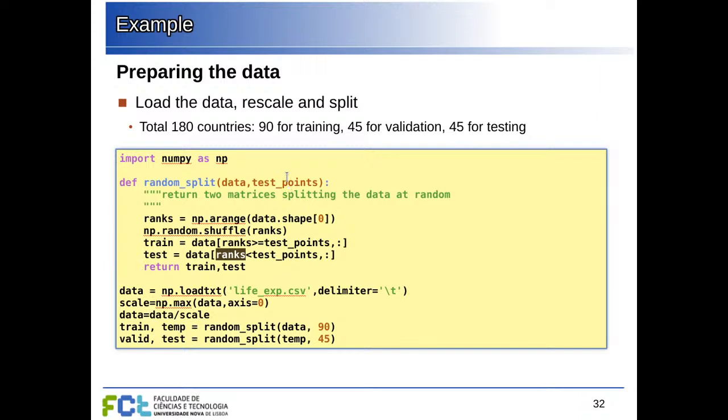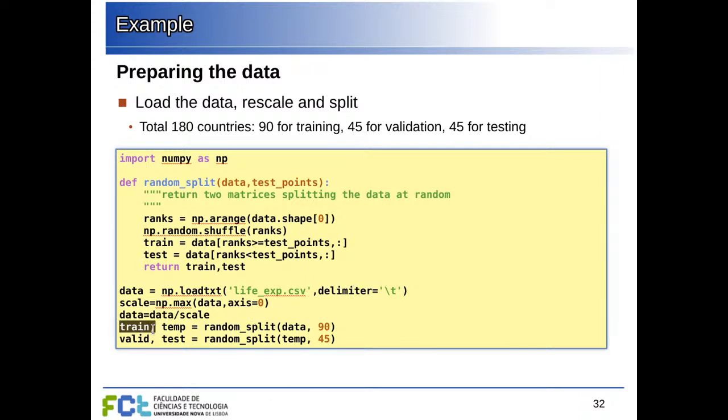And the reason I'm using smaller here and not smaller or equal is because the indexing starts at 0 in Python. So if you want 10 points, the indexes are from 0 to 9. And so this way we get this number of points in the test set, and now we return the 2 sets. So this function allows us to split at random one matrix into 2 subsets of rows picked at random, and we can now use this twice to generate our sets.